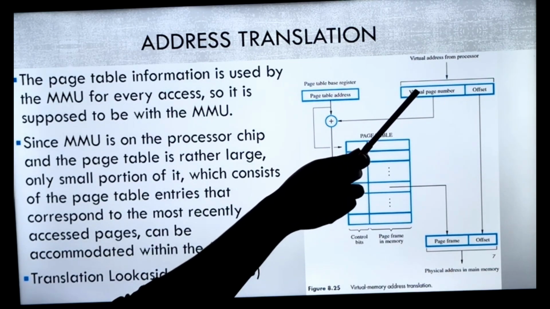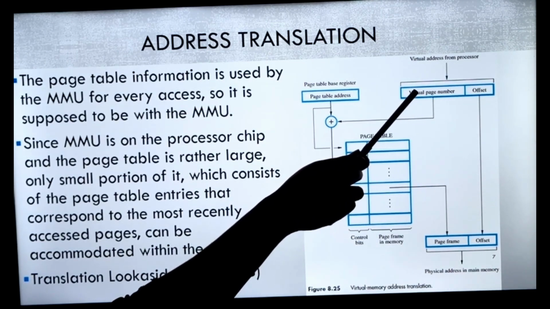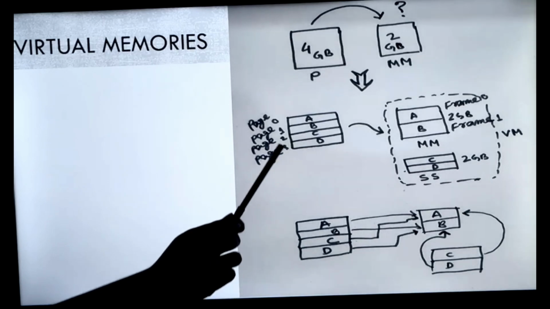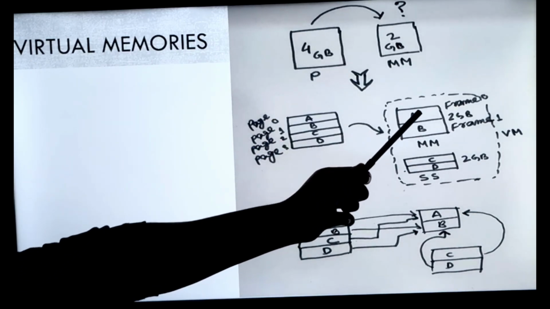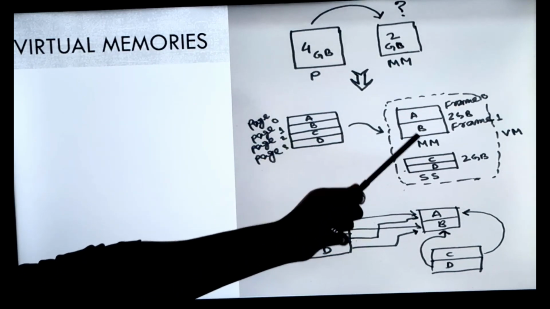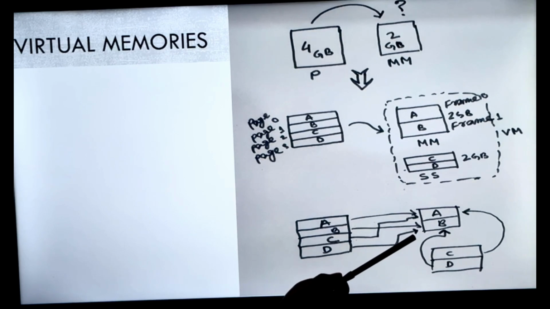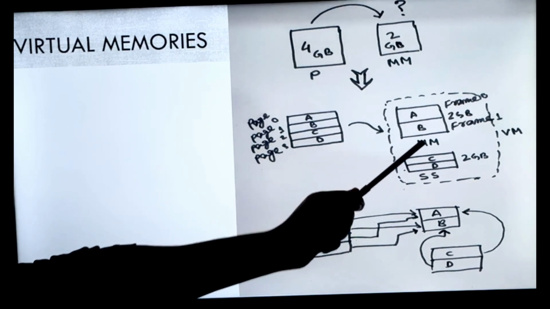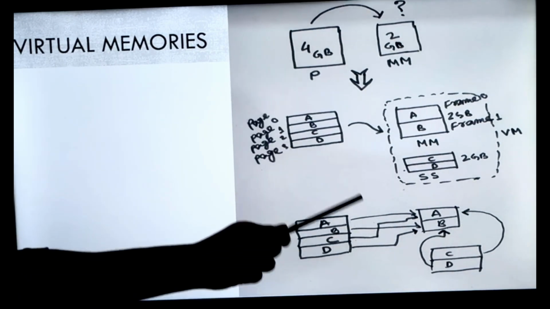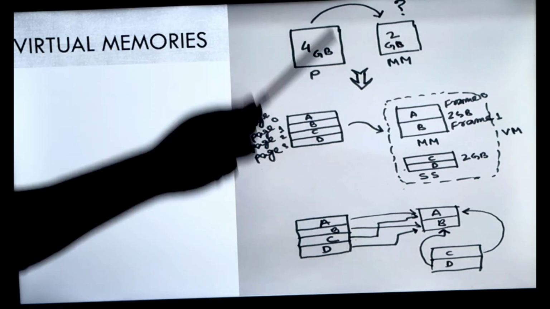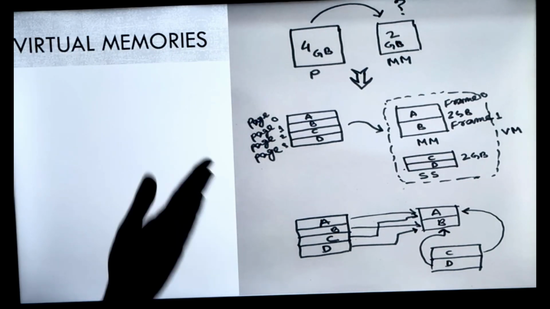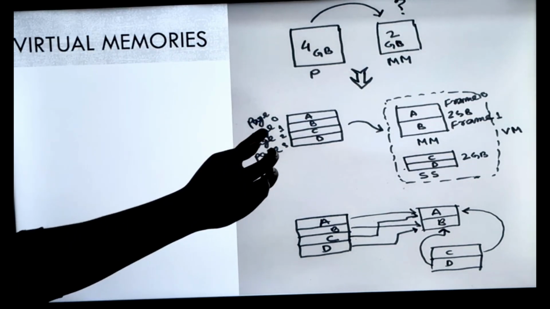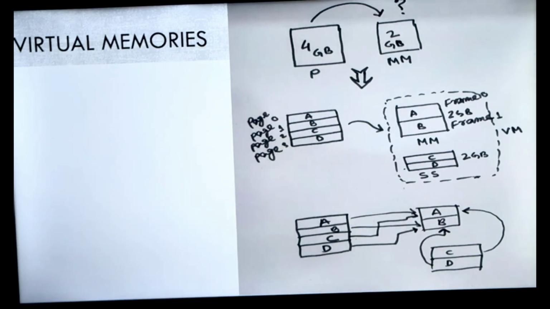Now where is this page 0? Where will I get it from? Because this page 0 can be anywhere, right? So how will I know whether my page 0 is in frame 0 or frame 1? There may be multiple frames. I have taken a very small example, but in reality you will have n number of frames and n number of pages. So who will tell me that this page 0 is in frame 1 or frame 2 or frame n?